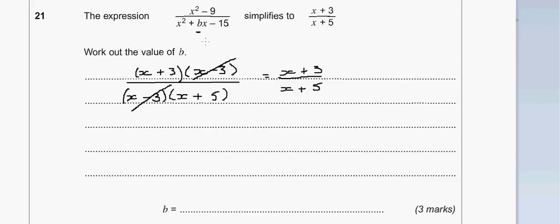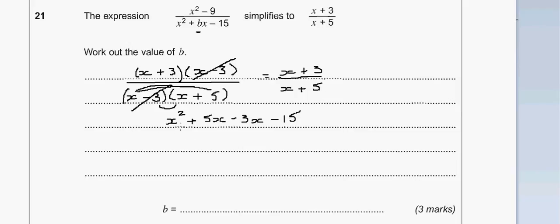So the only way we can do that is to expand these two brackets to put it back in this form. So x multiplied by x will give me x squared, x multiplied by 5 will give me plus 5x. Now minus 3 times x is minus 3x, and we know that minus 3 times plus 5 gives me minus 15.